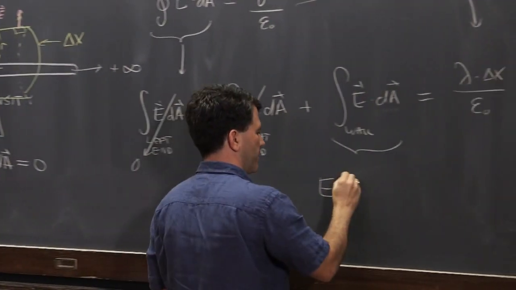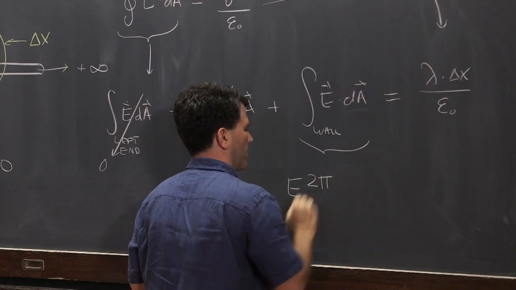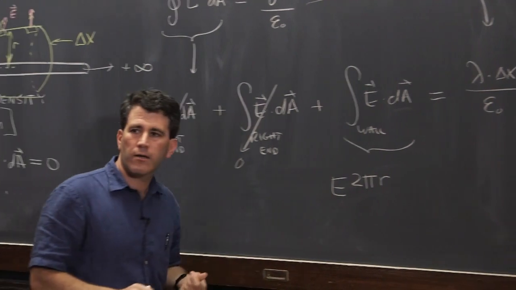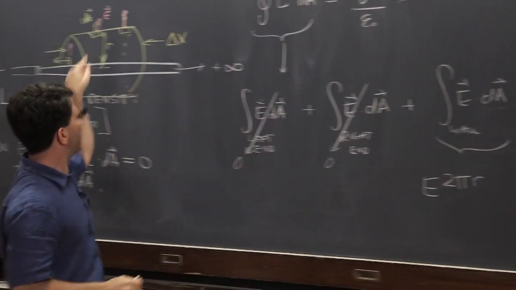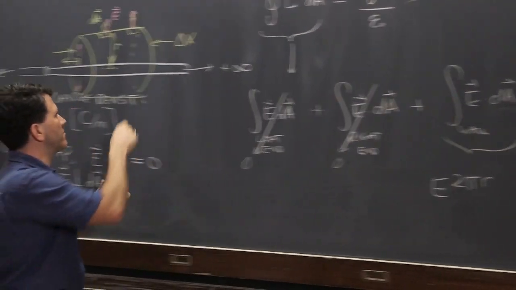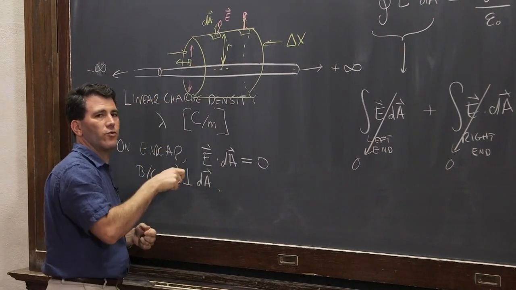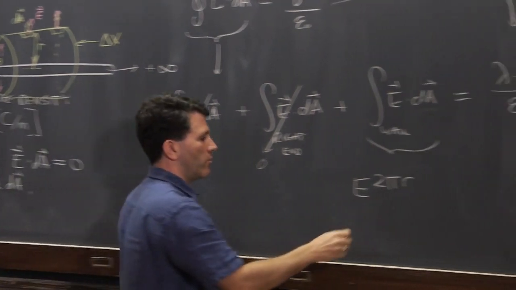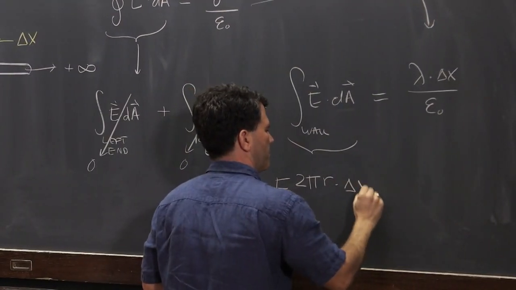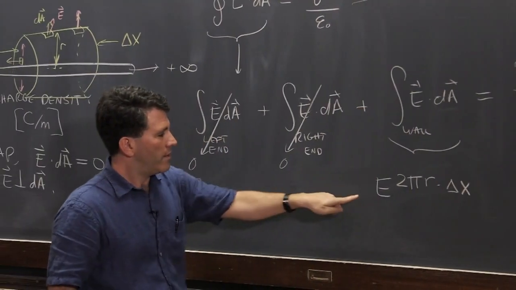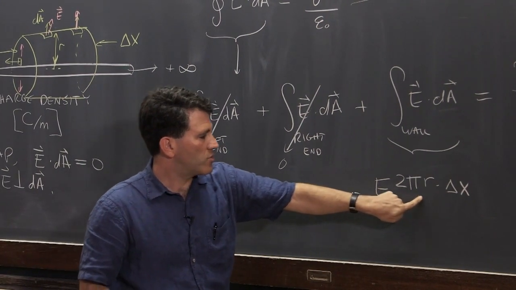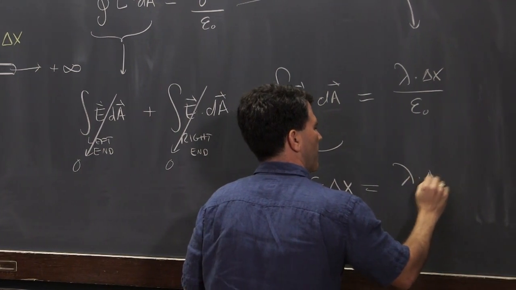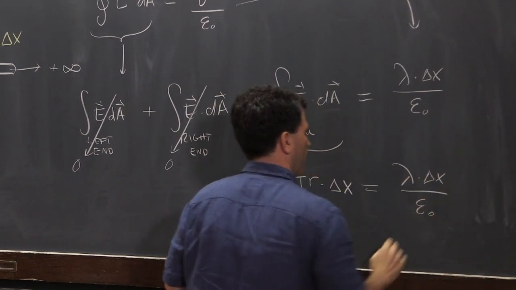That's going to basically be the circumference of the cylinder, so that's going to be 2 pi little r. That is our distance away from the axis. That's the circumference of one hoop, if you will. And then the surface area is going to be that circumference times the length, so we're going to have a delta x. So electric field times 2 pi r times delta x has to equal lambda times delta x over epsilon naught.